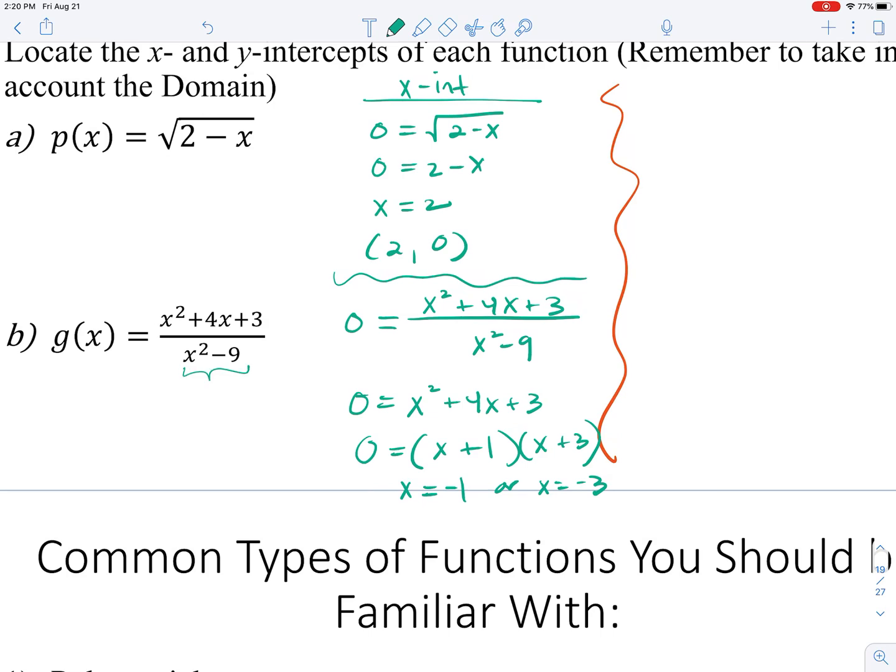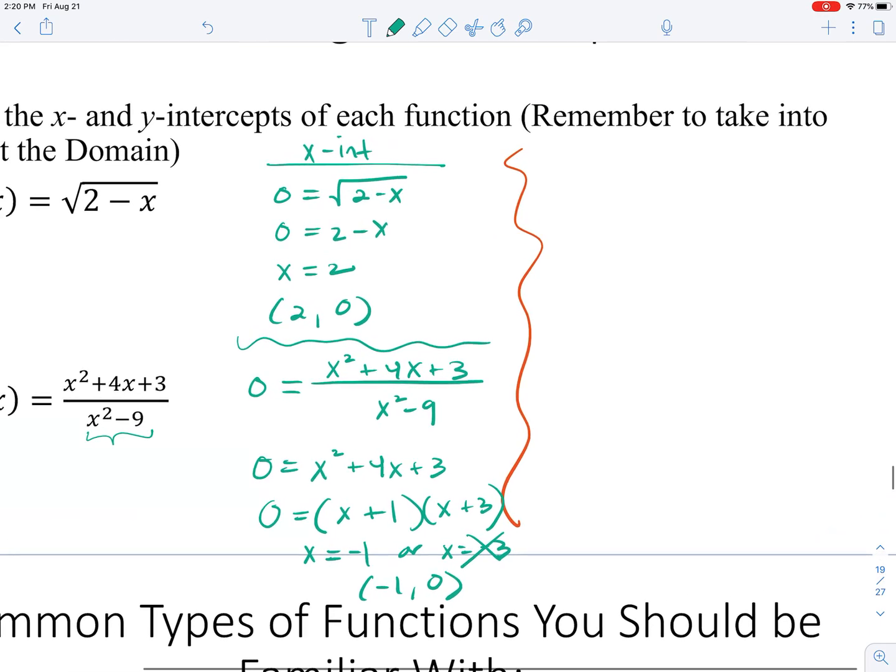And notice if we plugged in -3 for x, that would make our denominator equal to 0. So if you remember, there would be a hole at x equals -3. So -3 is not actually an x-intercept, only -1, 0.